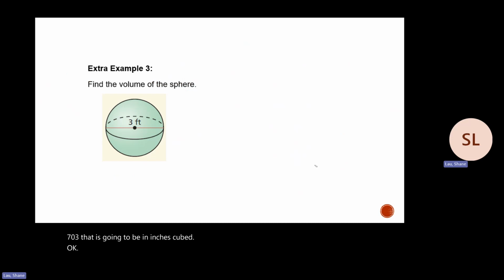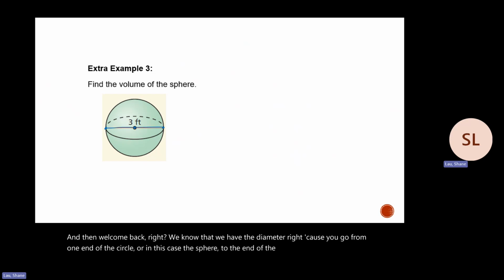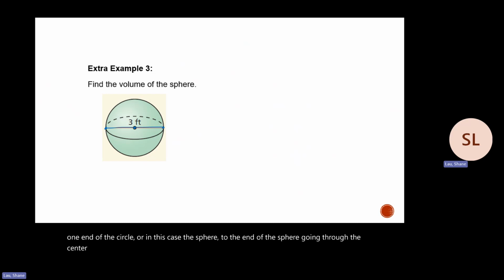Now for this problem, go ahead and try it on your own first, but we have seen this problem before. And then welcome back. We know that we have the diameter, because you go from one end of the sphere to the other end, going through the center. So D equals 3, but we don't want diameter, we want radius.